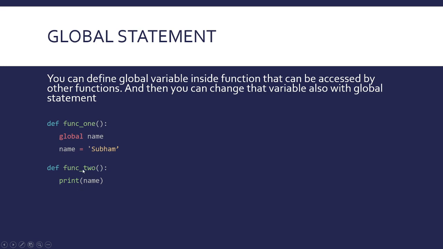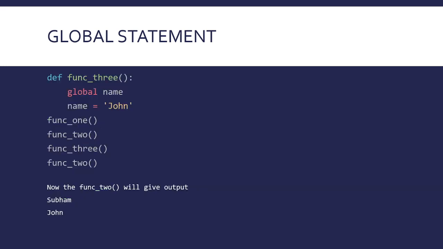In func2 I want to display name. It is not able to find any local variable inside func2, so it will fetch the global variable from func1. And in func3 I have changed the global variable that we assigned in func1 to another value by using the global statement.